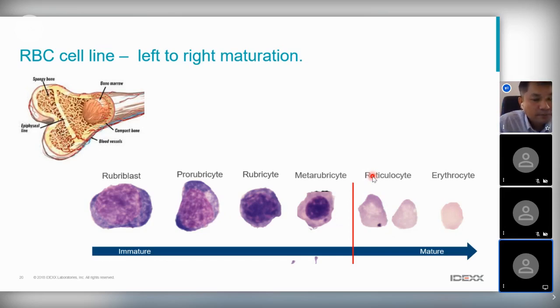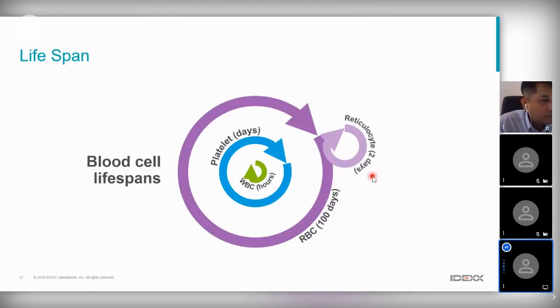Ok. And here's the answer to that question, the various lifespans of the blood cells. So here you can see the reticulocytes only live for 1 to 2 days and a maximum of 3 days, whereas an RBC has an average lifespan of 80 to 120 days. And the platelets, they live for maybe a week at most. And then the WBCs, they stay with us for some hours only.